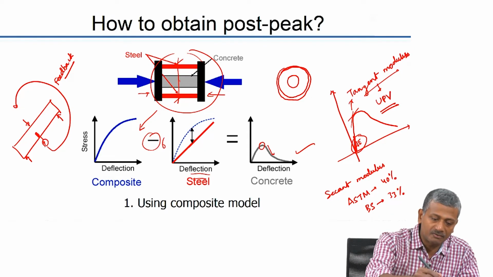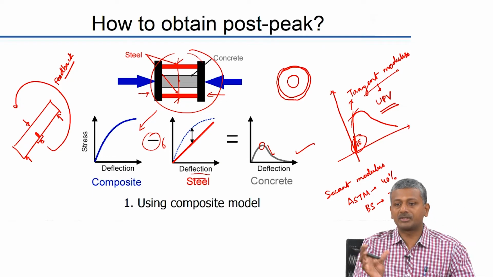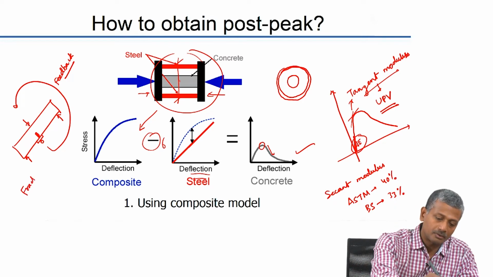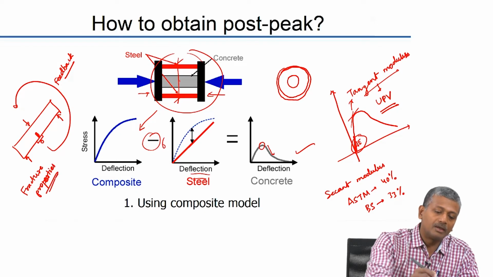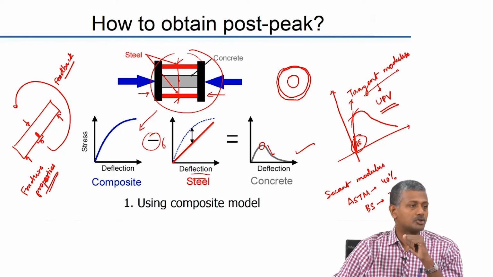So, instead of measuring the deflection, you actually measure the crack width, and based on that you can work out the fracture properties of the concrete, because there you are actually measuring the rate at which the cracks can open up and then propagate through the material. So, you can actually determine fracture properties using a notch beam test.